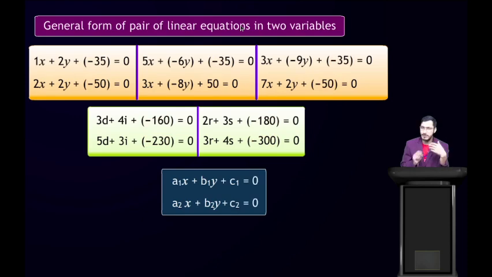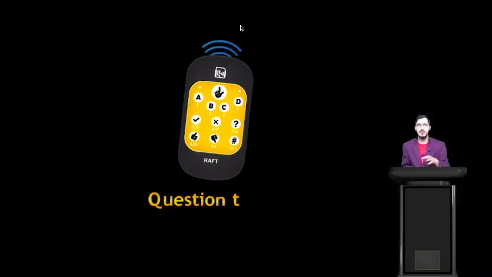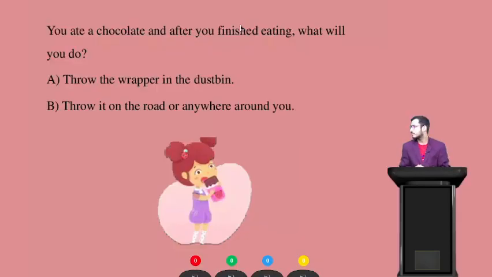So that is a1x plus b1y plus c1 equal to 0, and the second equation will be a2x plus b2y plus c2 equal to 0. So here is the general equation of a pair of linear equations in two variables.